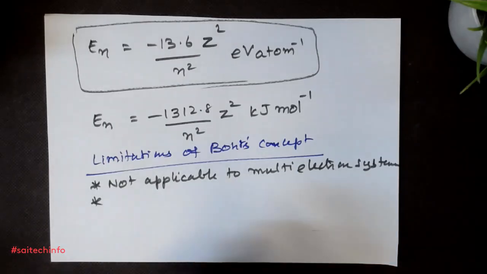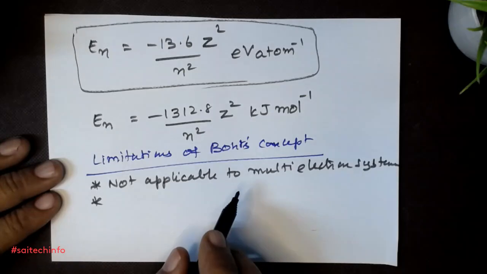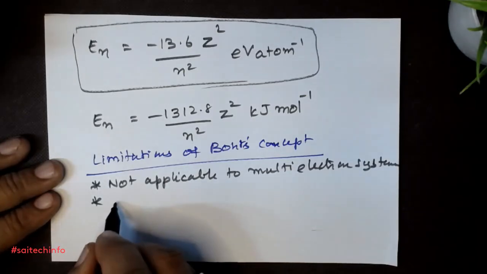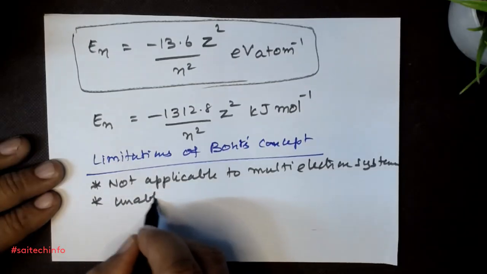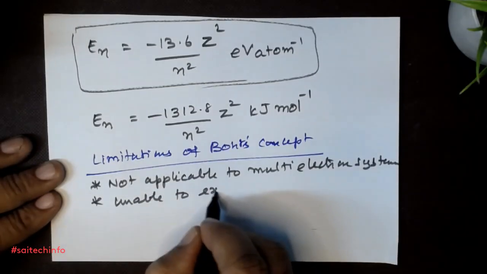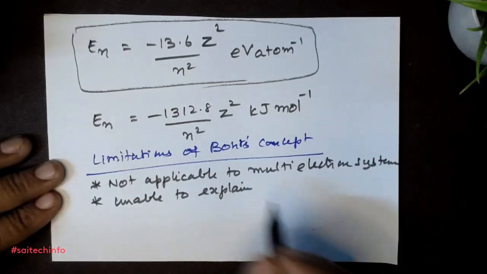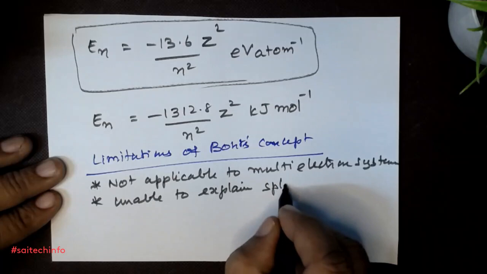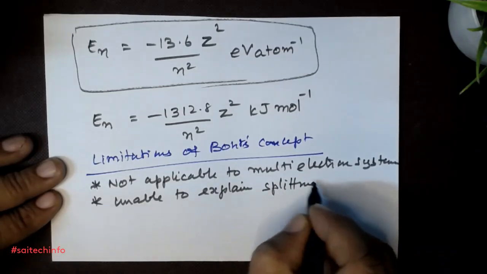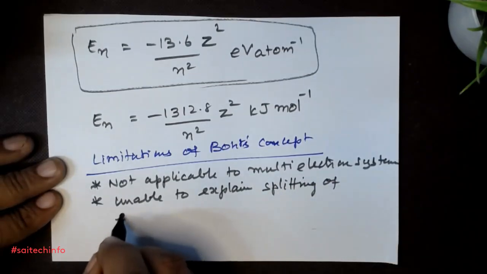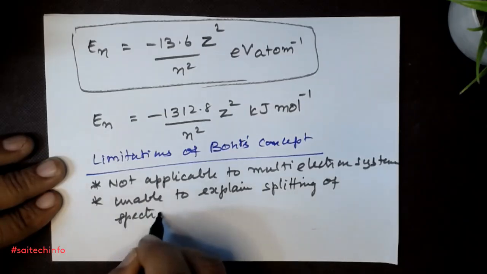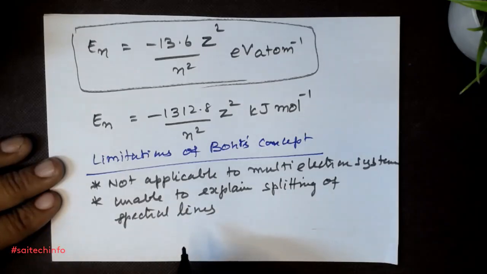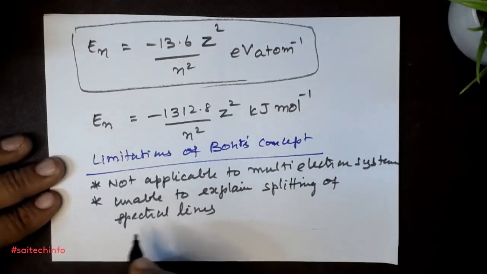And in multi-electron systems, there will be more spectral lines obtained. So he was unable to explain the splitting of spectral lines in the presence of a magnetic field.